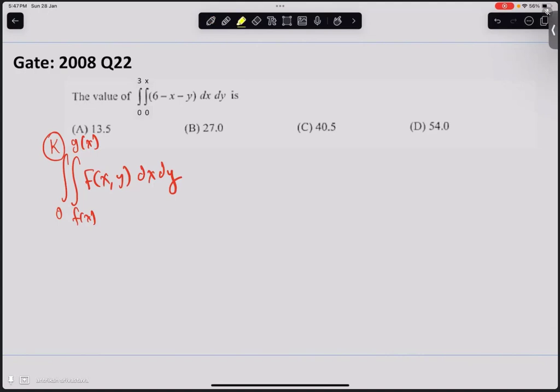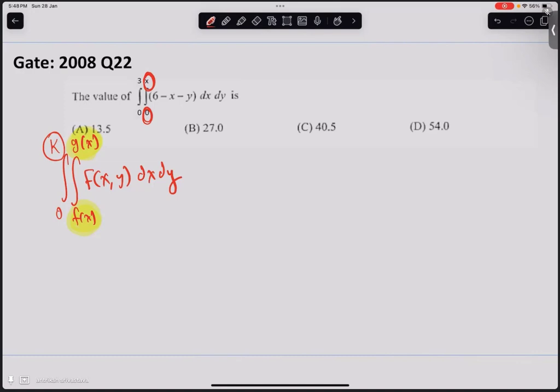First, whenever the limit given to you is in the form of a function of one variable, you have two variables here, x and y, and the limit is given in the form of one variable, then that limit is for the variable other than the variable in the limit. So you have the limit as 0 and x here for this example.